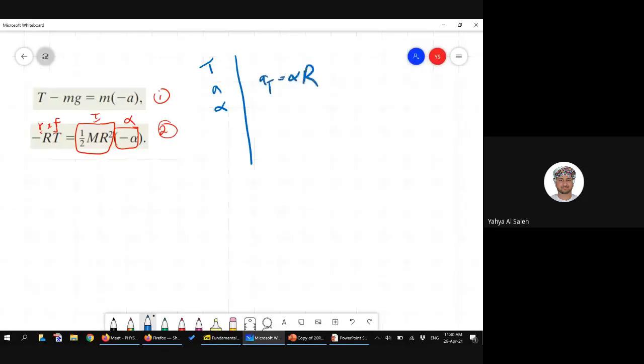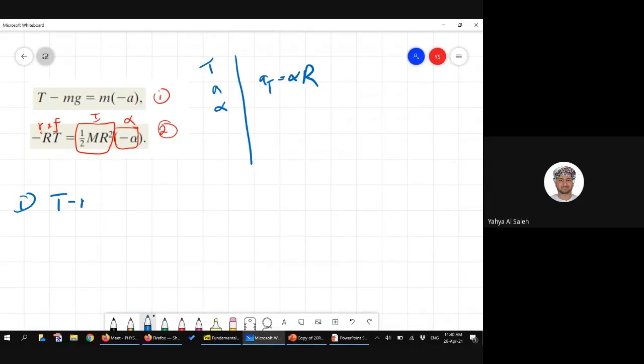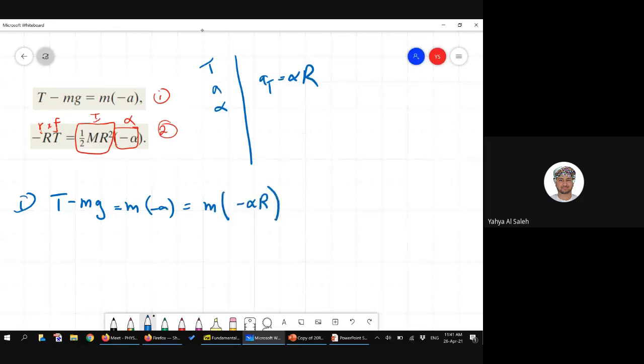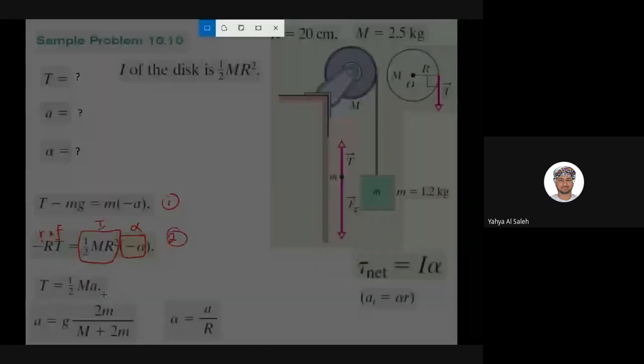So from 1, we can do T minus mg equals minus ma, which is equal to minus m alpha r, just from here. I'll copy the final results and then we can go through them one by one.